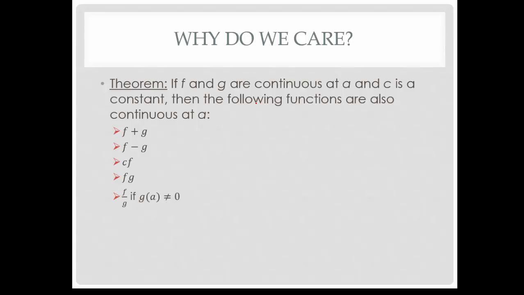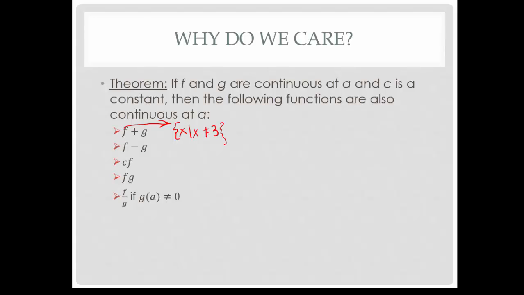So why is that helpful? Well, let's say you have a relatively complicated function and you're able to determine the continuity of the pieces individually. So let's say I've got these two functions being added together, but I can tell pretty quickly that f, let's say, is continuous everywhere as long as you're not looking at 3.